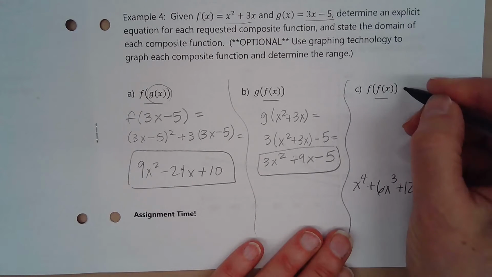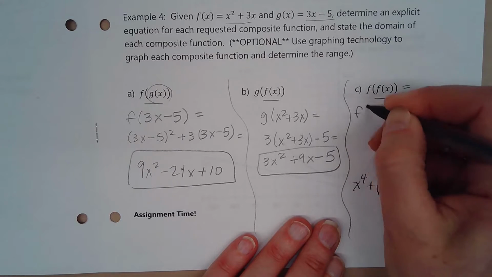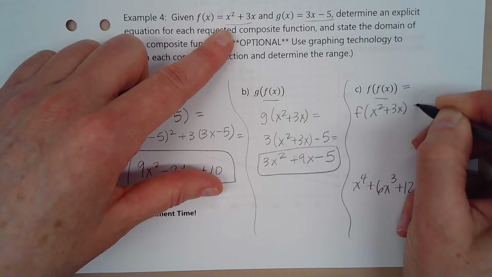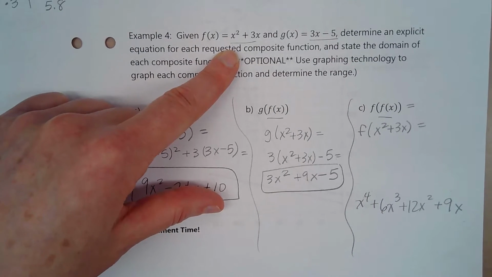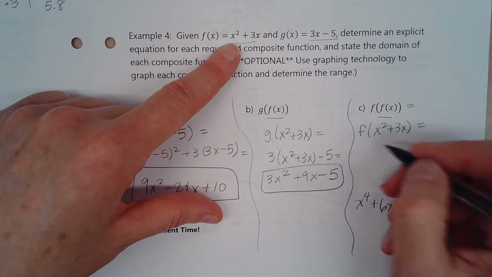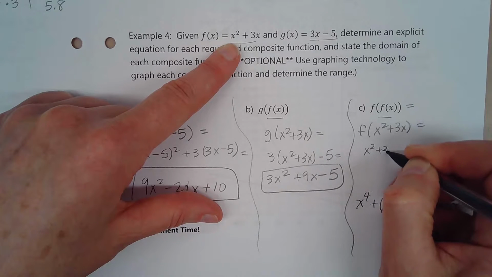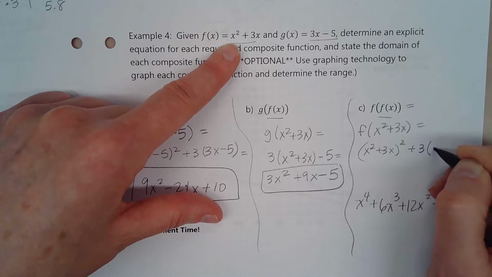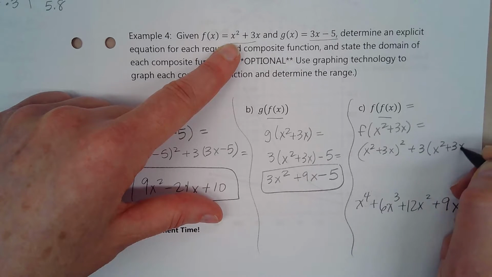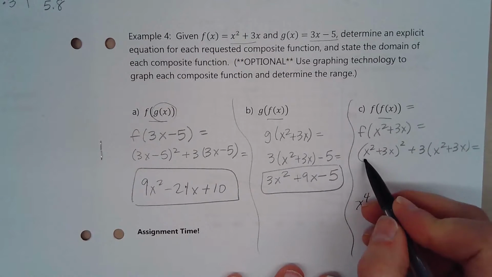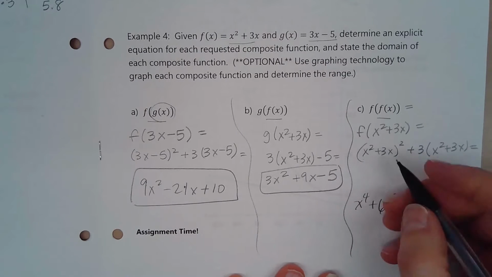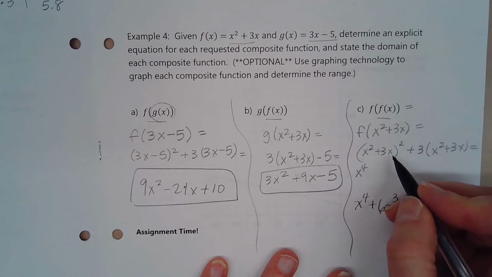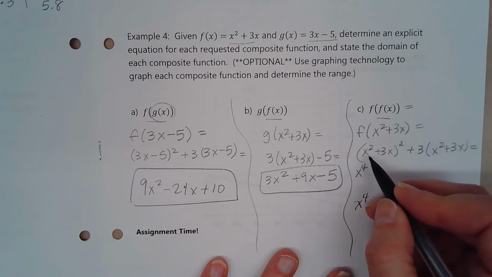Okay, well let's quickly do this then. We're in some kind of conflict. f of x is x squared plus 3x, right? Okay, so what do I do with f functions? I square what's in the brackets, and then I add 3 times what's in the brackets. So if I square this, I'm going to do this in my head. x squared times x squared is x to the 4. And then I have a 3x times x squared.